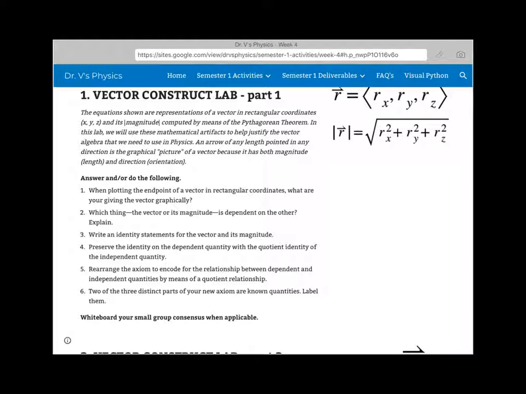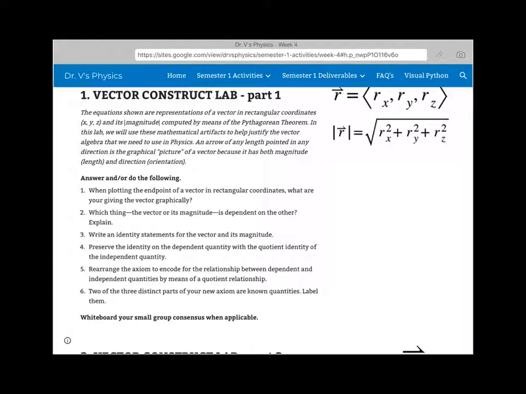So preserve the identity on the dependent quantity, which I've written in green, with the quotient identity of the independent quantity. So this thing here. If I put the magnitude of the vector there, all I've done is preserve that identity.